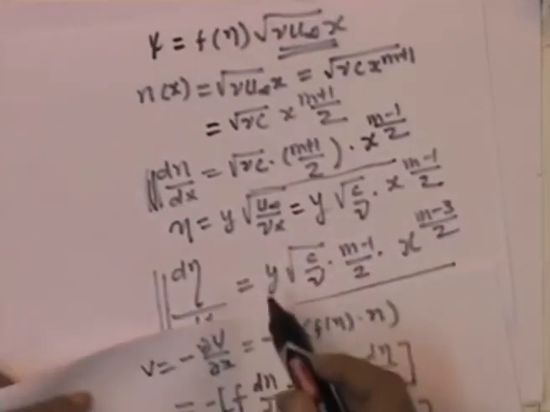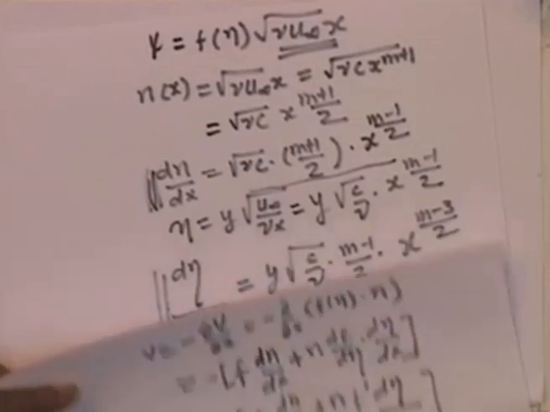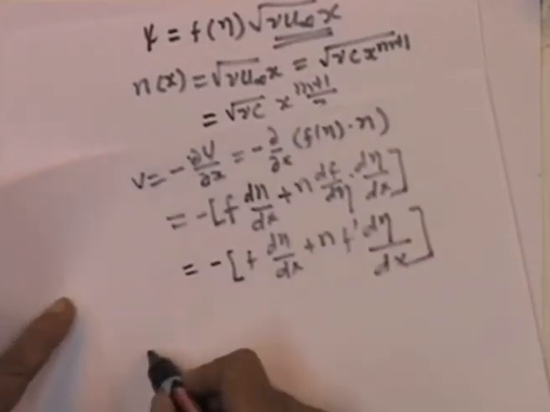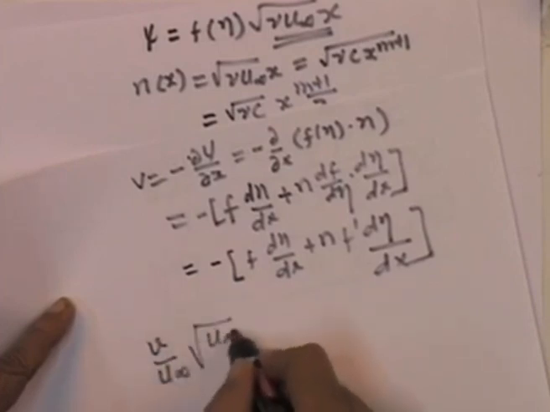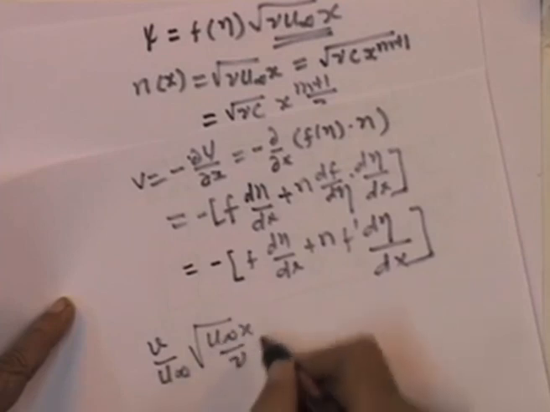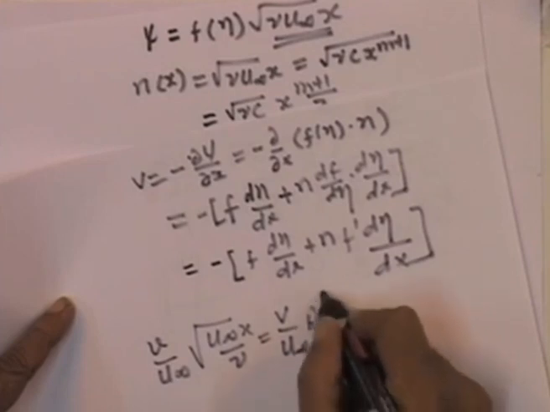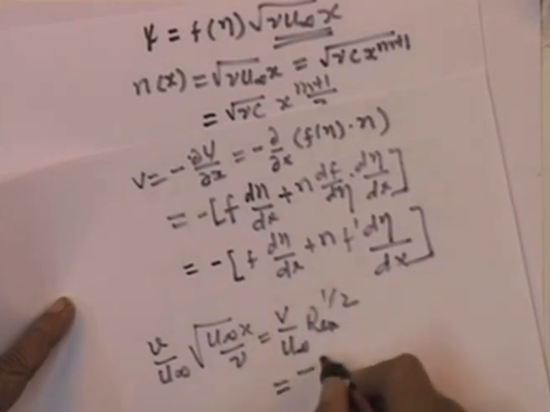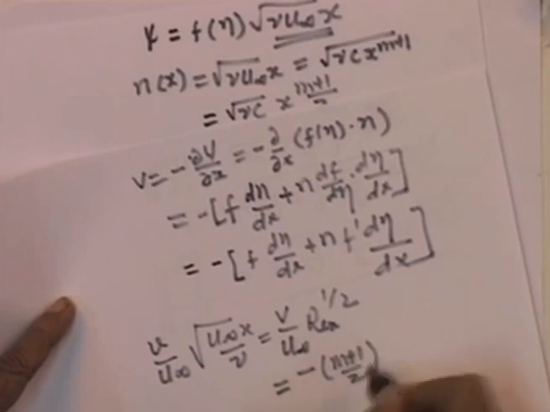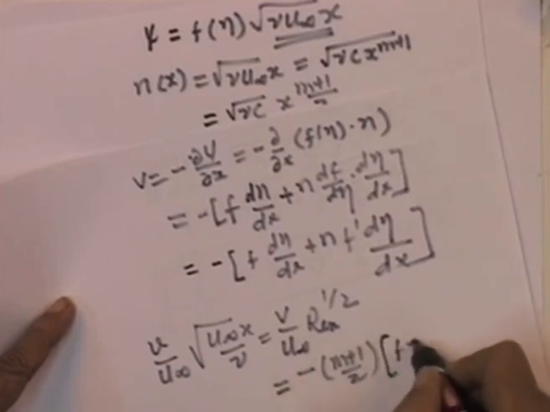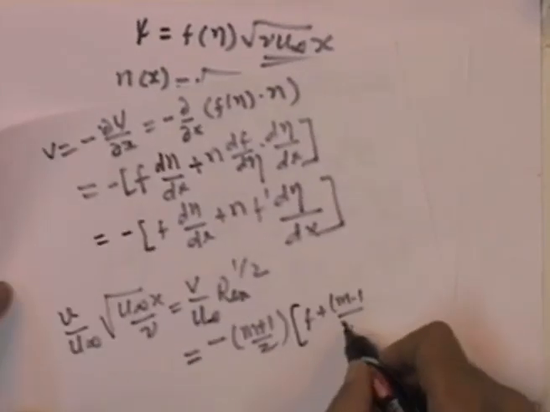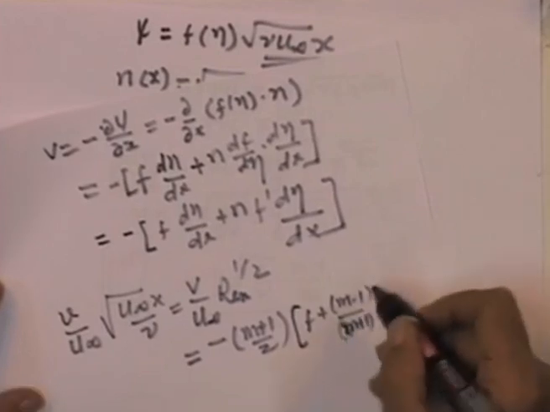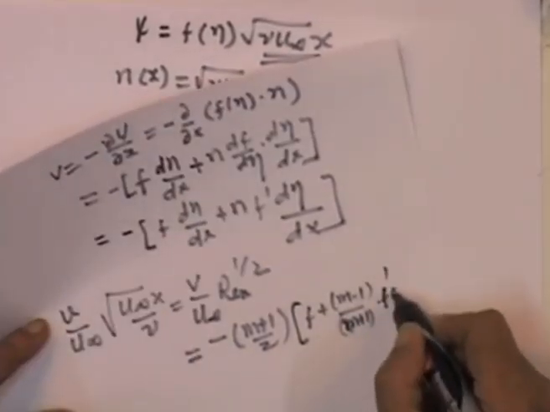Then simply substitute these two quantities, and you can show after some algebra that v by u infinity under root u infinity x by nu, which is nothing but v over u infinity Re x to the half, is equal to minus m plus 1 by 2 into f plus m minus 1 over m plus 1 into eta f dash.